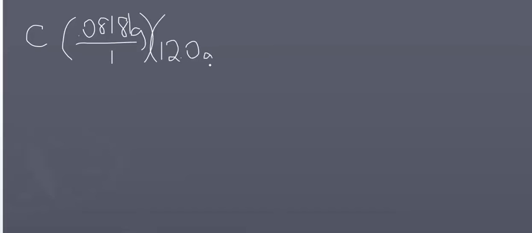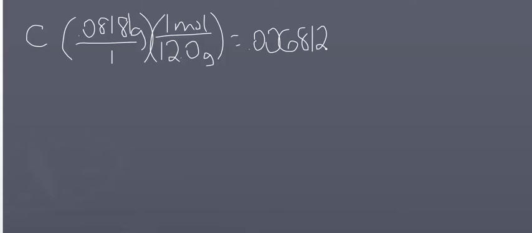So let's start with carbon. I'll take the grams from the previous slide and convert to moles. So carbon is 12 grams per mole. We're going to do the same thing with the hydrogen.